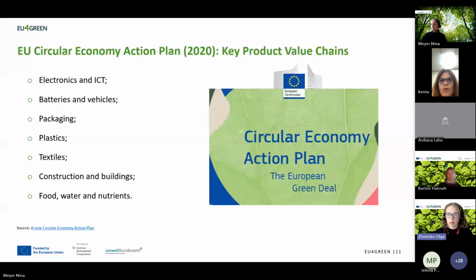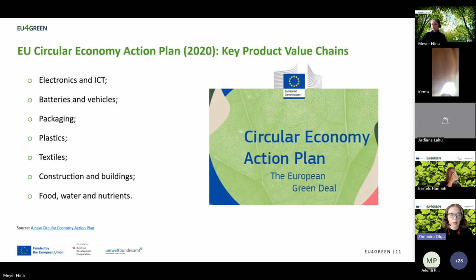And of course, the most important policy in the European Union is the Circular Economy Action Plan, which was adopted in 2020. Additionally to the strategies reviewed on the previous slide, the Circular Economy Action Plan defines key product value chains.